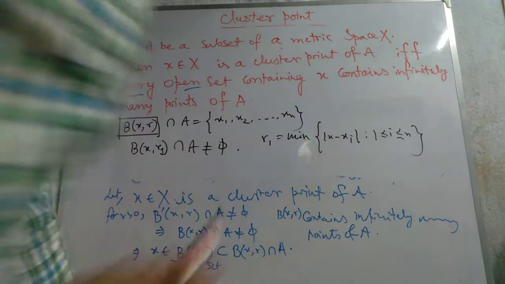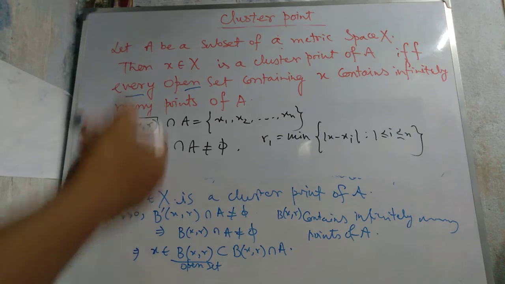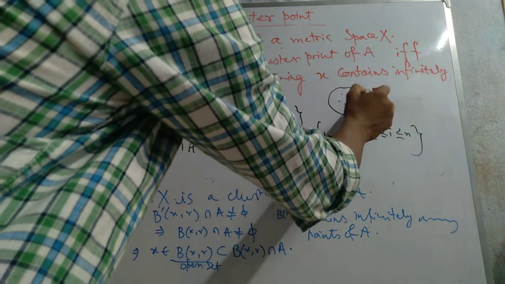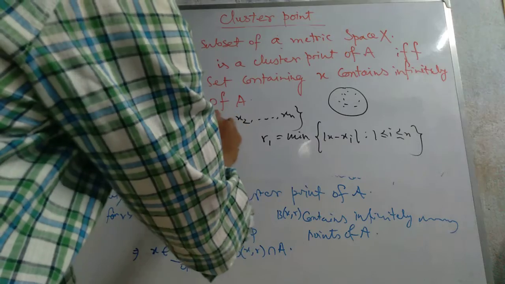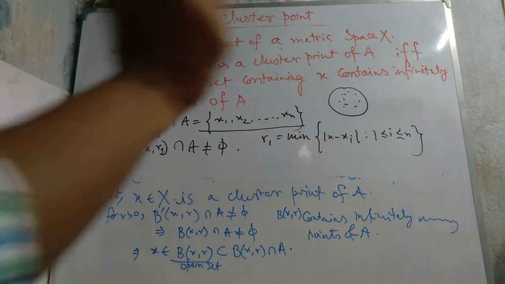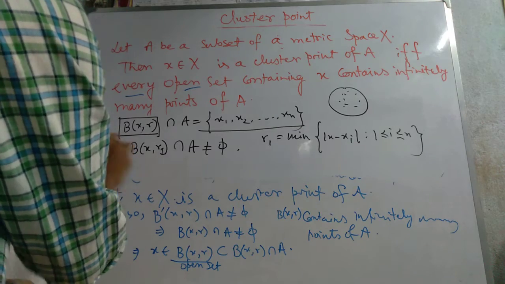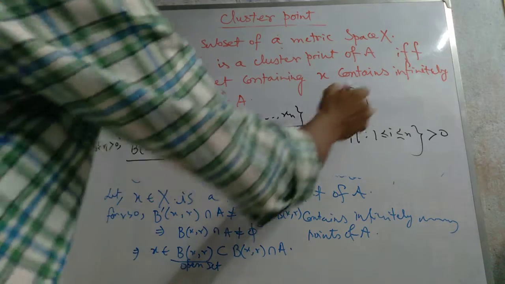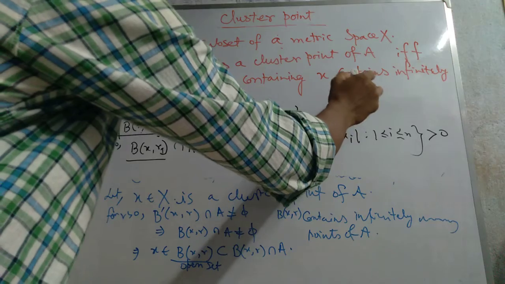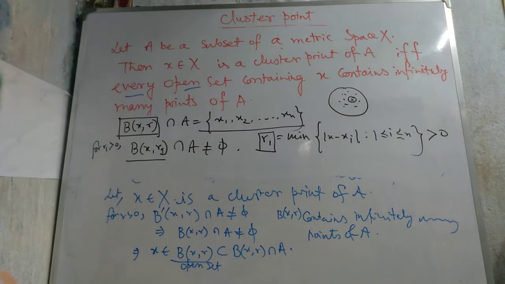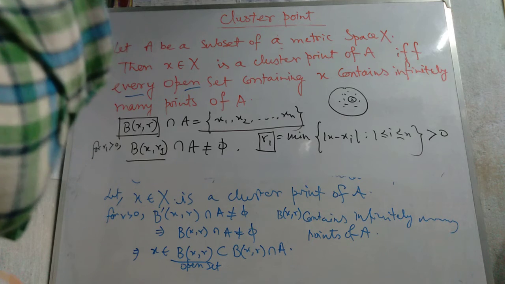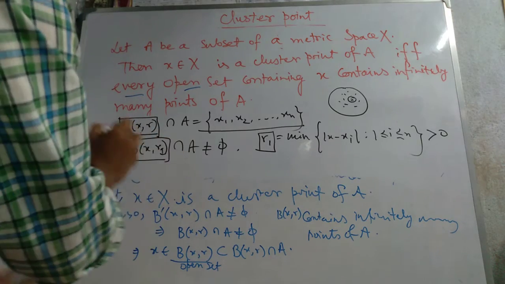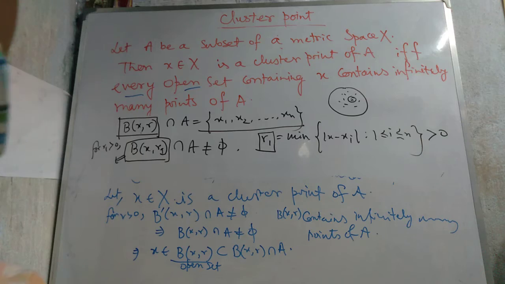Okay, that means if this open ball contains finitely many elements, then we choose one r1 greater than 0, and this r1 forms some neighborhood around x, and this neighborhood, or this ball, intersection A not equal to phi.